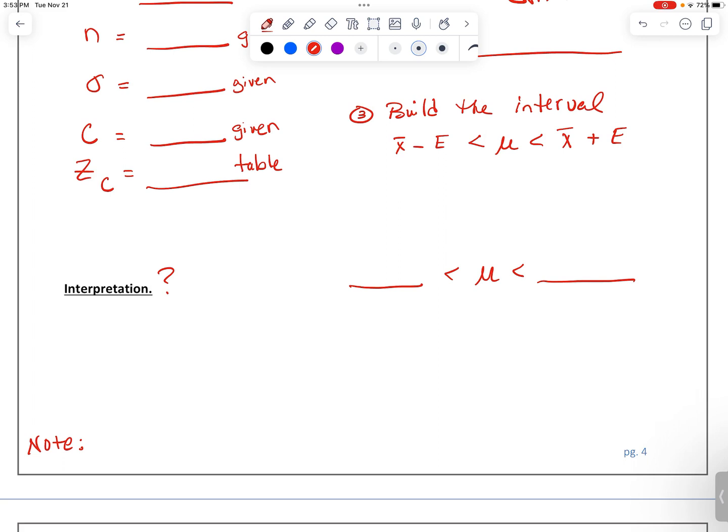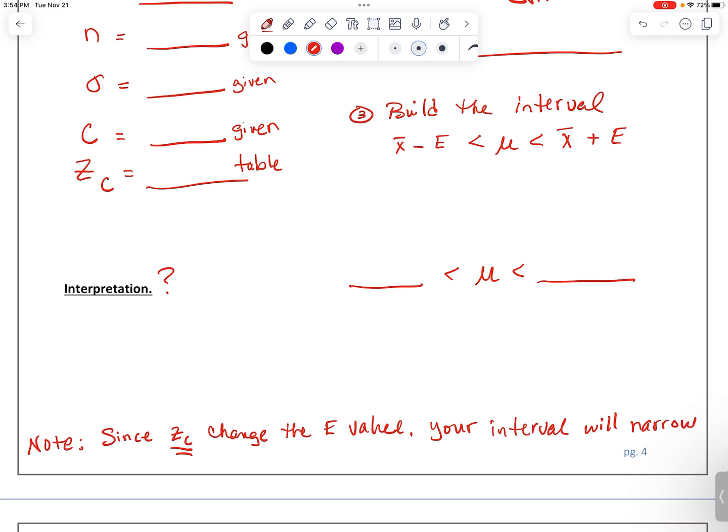It says, since your ZC changes, so it's based on your confidence, it's going to change the E value, then your interval will narrow, so you'll have a smaller interval, or it will widen. So either your interval will narrow, get smaller, or it will widen and get a little bigger.